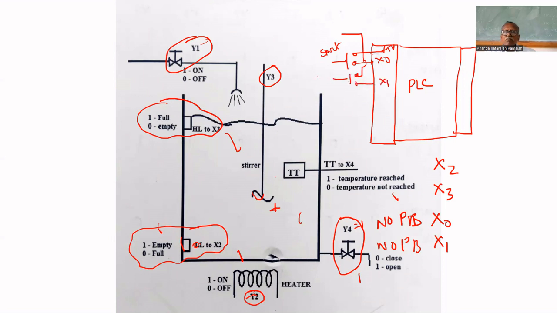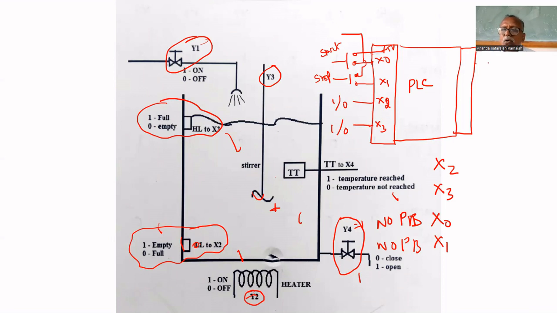That push button is to stop. Proximity switch X2 shows 1 or 0 to tell whether the tank is empty or not. X3 is also connected. It gives 1 if the tank is full. If the tank is not full, it will give 0. So these are the inputs.